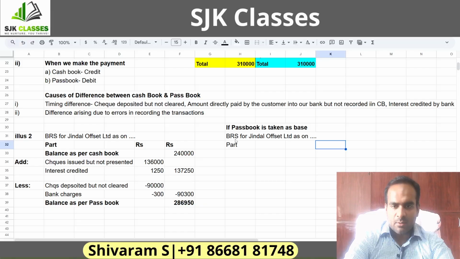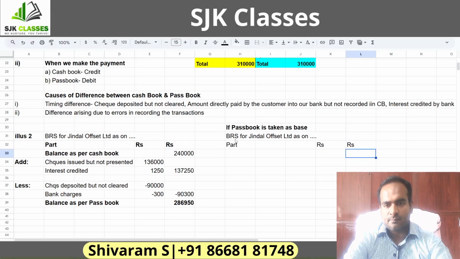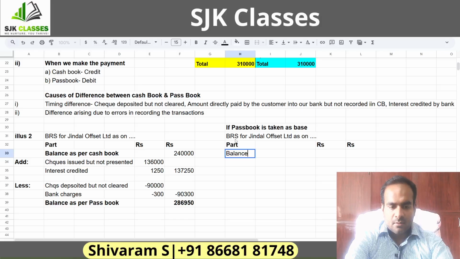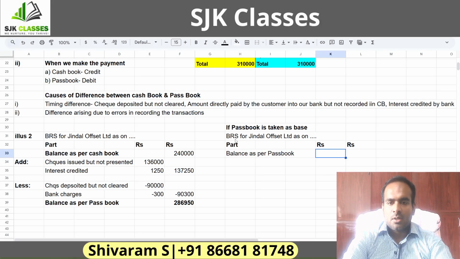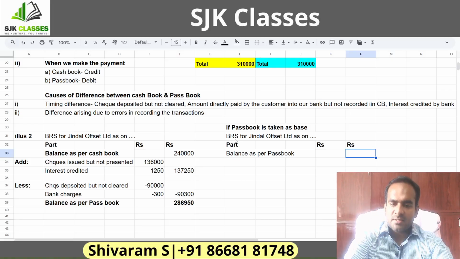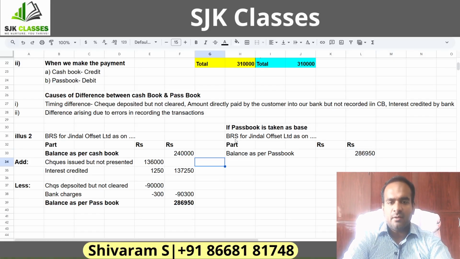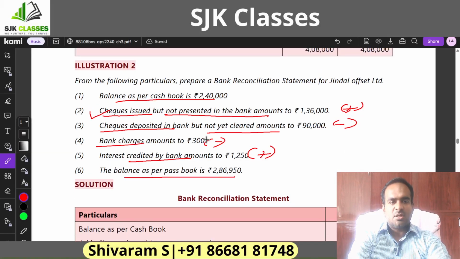Same scenarios, particulars, rupees. Balance as per passbook is 286,950, right? Then we have two columns, add and deduct, and you'll get the answer the opposite way. Let's come back to illustration number 2 itself.